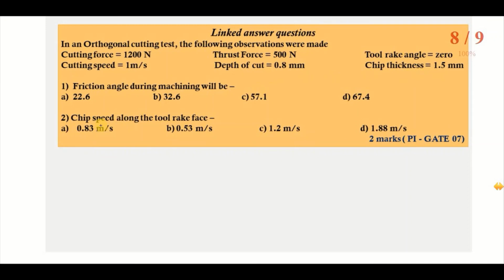Here we want to find the friction angle beta, and based on that, the chip speed, that means the chip flow velocity, along the tool rake face.